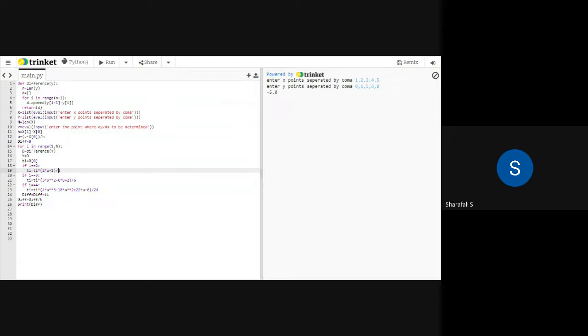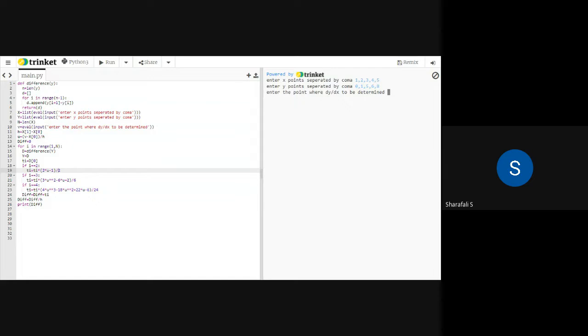So this is the program for up to delta raised to 4. I will just run this program and show you the result that we have got in the calculations that we have done theoretically, which is the same as by using this program. I will use the same x values 1, 2, 3, 4, 5, and y values 0, 1, 5, 6, 8 that we have used to calculate.